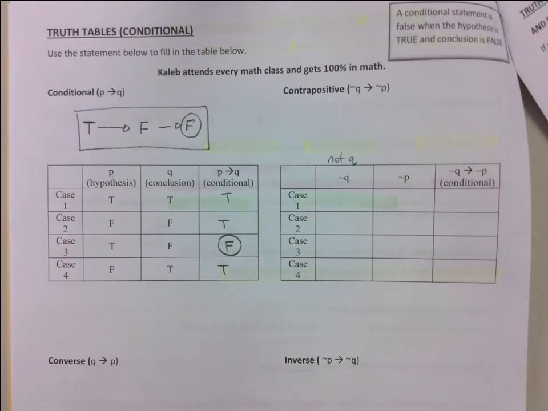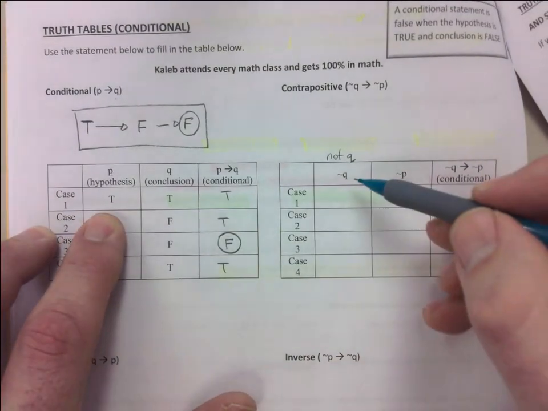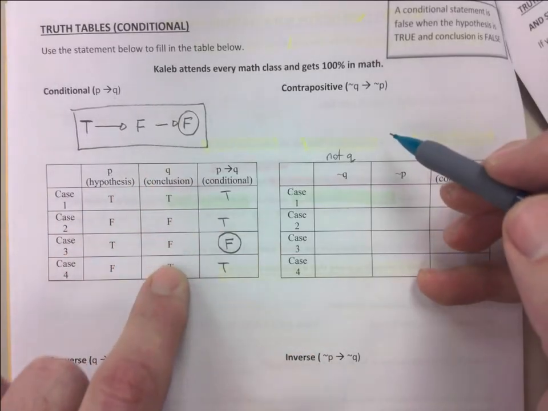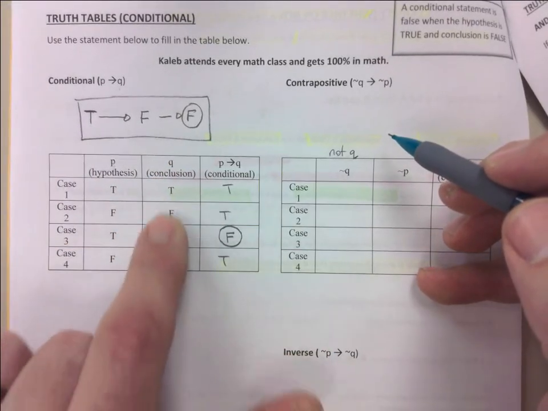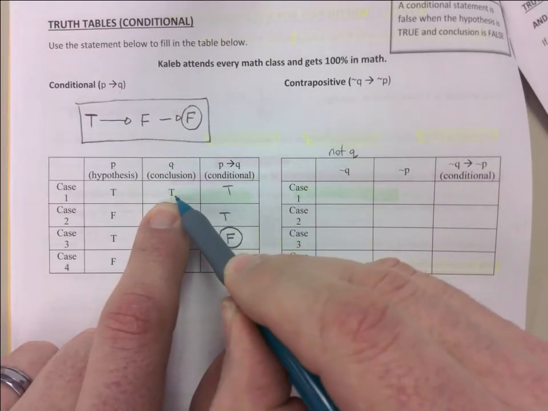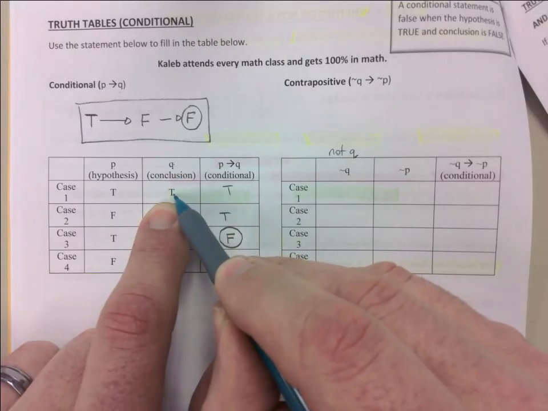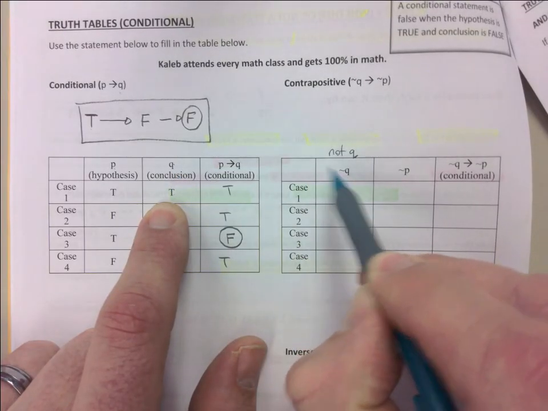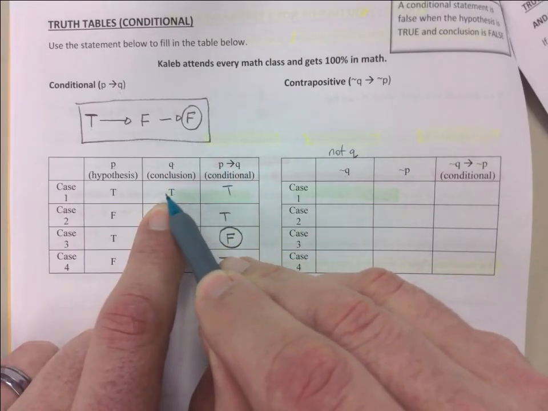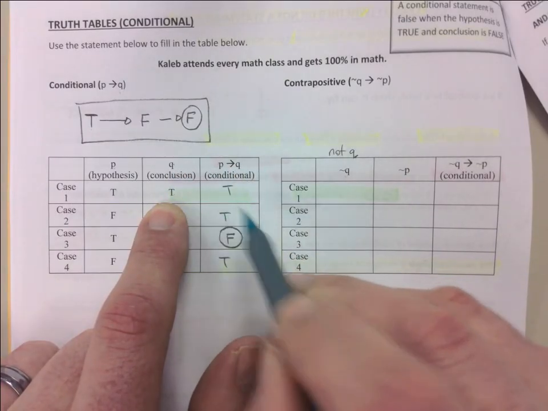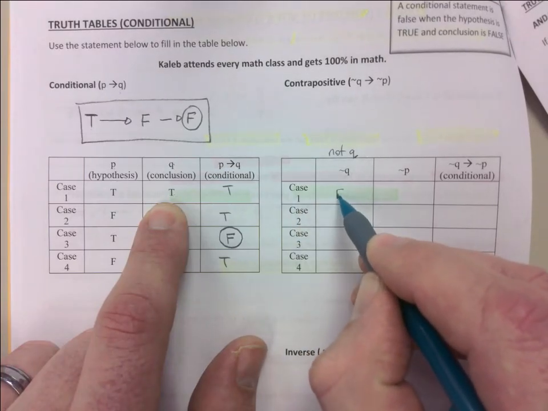So follow my train of thought here. This is the Q column, correct? If Q is true here, what is not Q? What happens to the true statement? It turns into false.